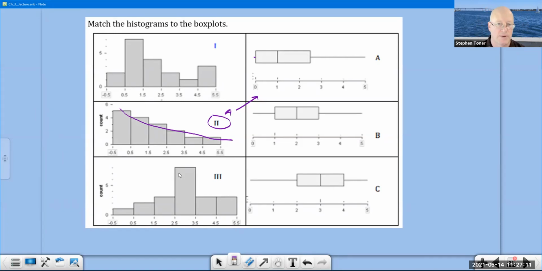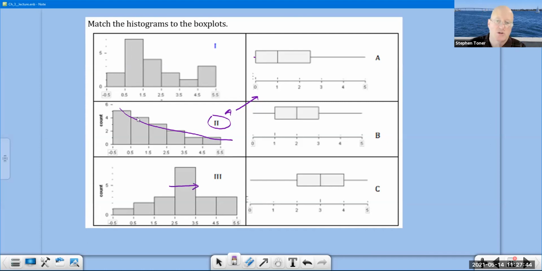Now I have two more of these to compare, and they're going to match with either graph B or C. So if you could please pause the video again and try to match 1 and 3 at the left with B and C at the right, and then we'll check our answers in just a moment. When I compare histogram 1 with histogram 3, I notice that 3 is more so to the right.